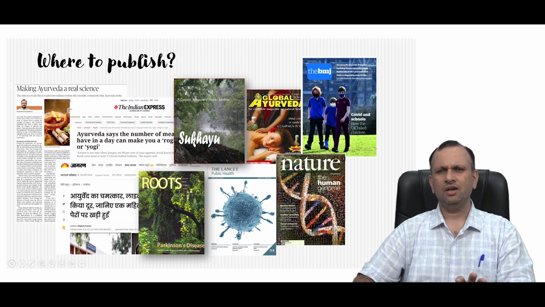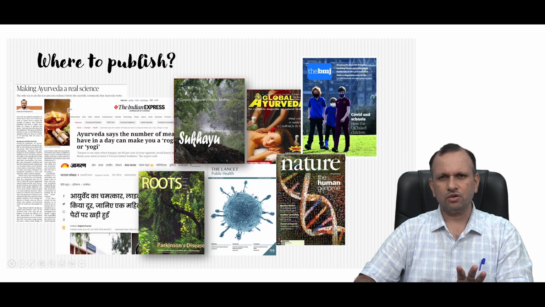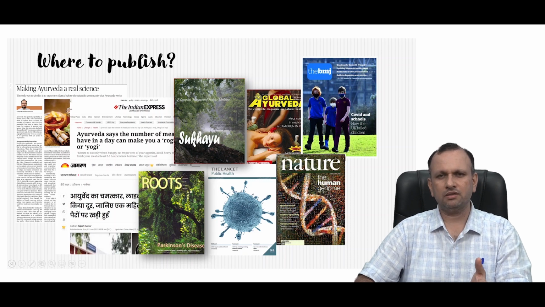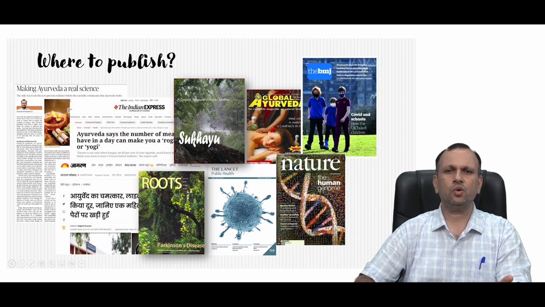So publication of your scientific results is very essential. There is no question about it. So I won't be discussing the question as to why one should publish. It is a known thing that a researcher, after completing his or her study, should publish the results. Otherwise, the science cannot grow. Science grows only because of the publications, right?